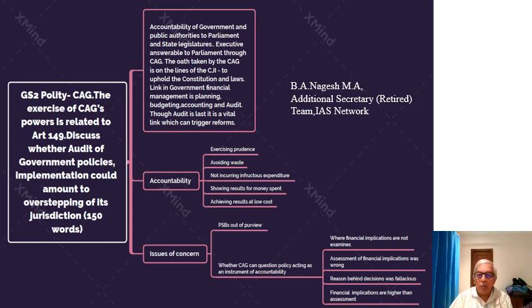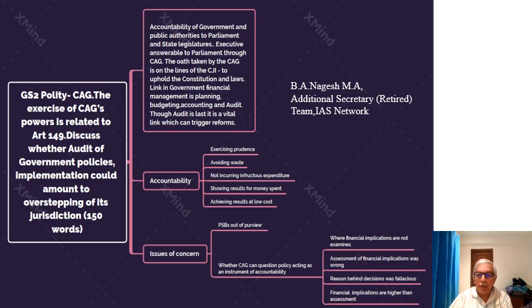See here what the major problem in the working of the CAG is: the work of the CAG is post-mortem. Take the practice in the UK. There the CAG can disallow certain expenditure. Here it is not like this, because the audit comes only in the end.